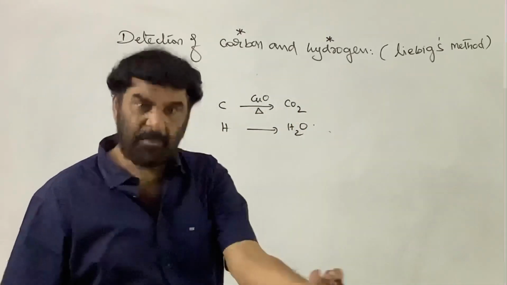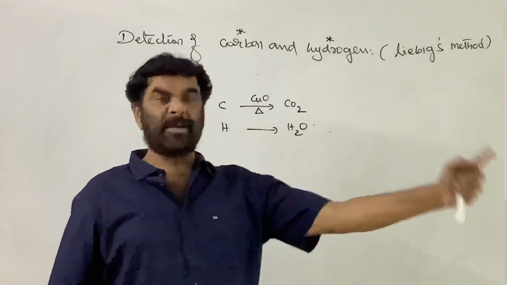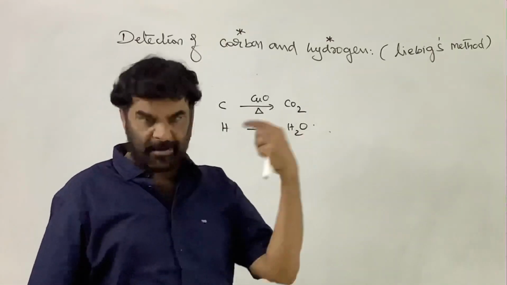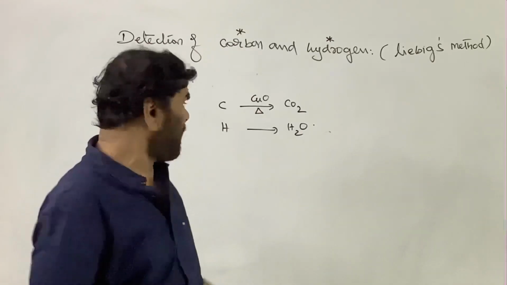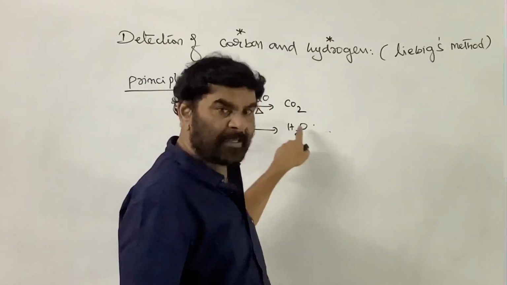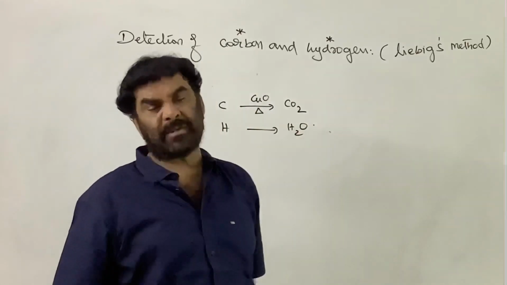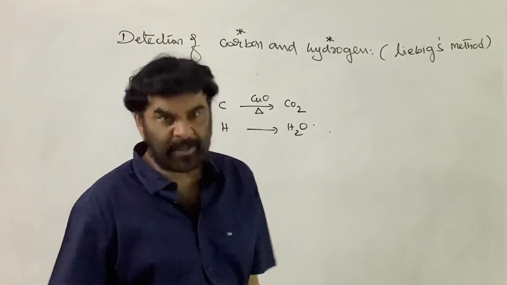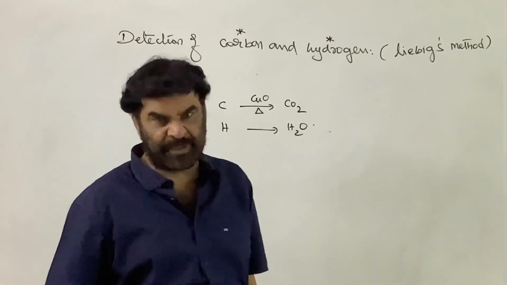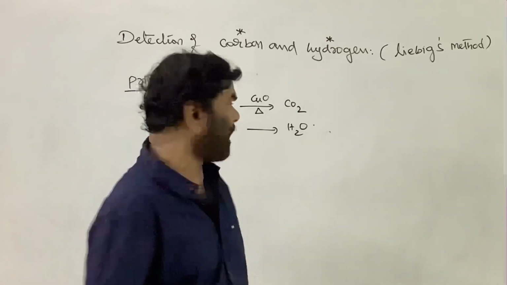If the carbon compound contains carbon, it is converted to carbon dioxide. There is a standard test for the detection of carbon dioxide, the lime water test. The hydrogen present in the organic compound is converted into H2O, and there is a standard test for the vapors of H2O: anhydrous copper sulfate.